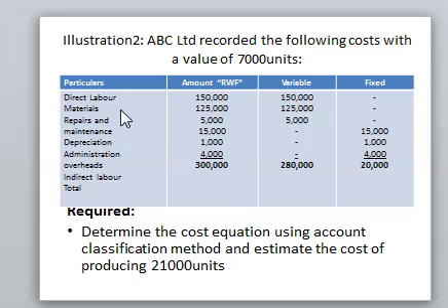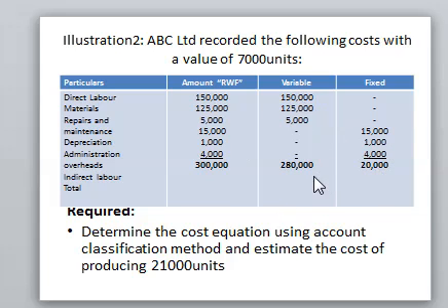So we have direct material, direct labor, repair and maintenance. The direct material, these are variable, these are variable, variable. So it is very simple for you to determine your cost function.